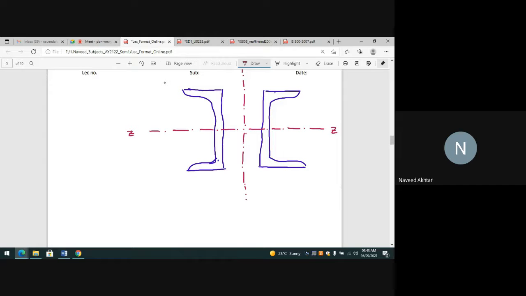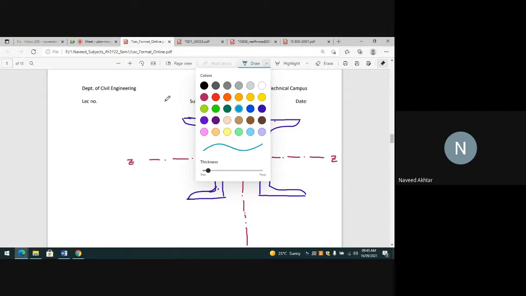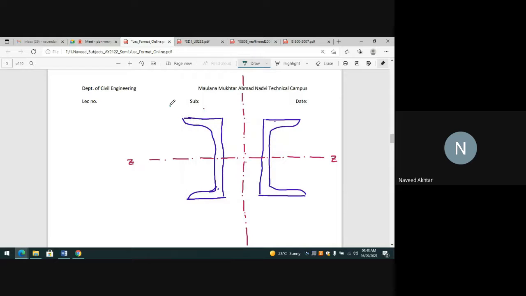The axis for this section will be here, and the axis for this section will be here.